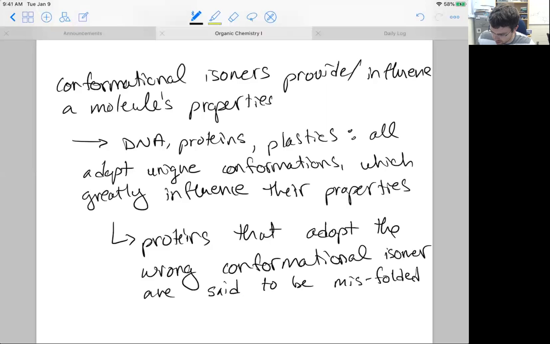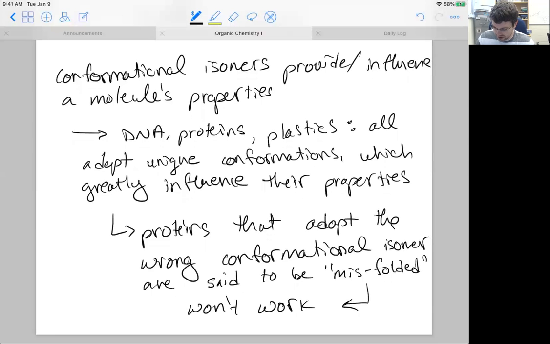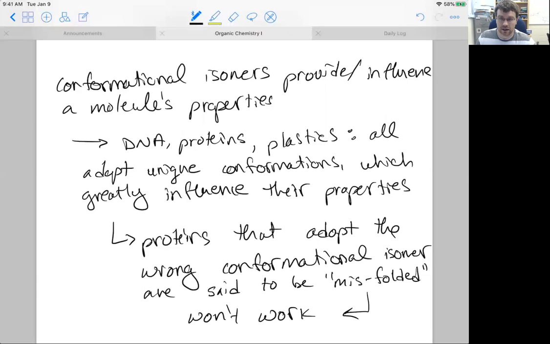That's a technical term: misfolded. And these proteins won't work. If they don't work, the cell usually finds a way to digest and decompose these proteins so it can use the building blocks over again in a recycling process. But if it can't, these can lead to diseases, which are called prion-based diseases. A classic example of that would be mad cow's disease.